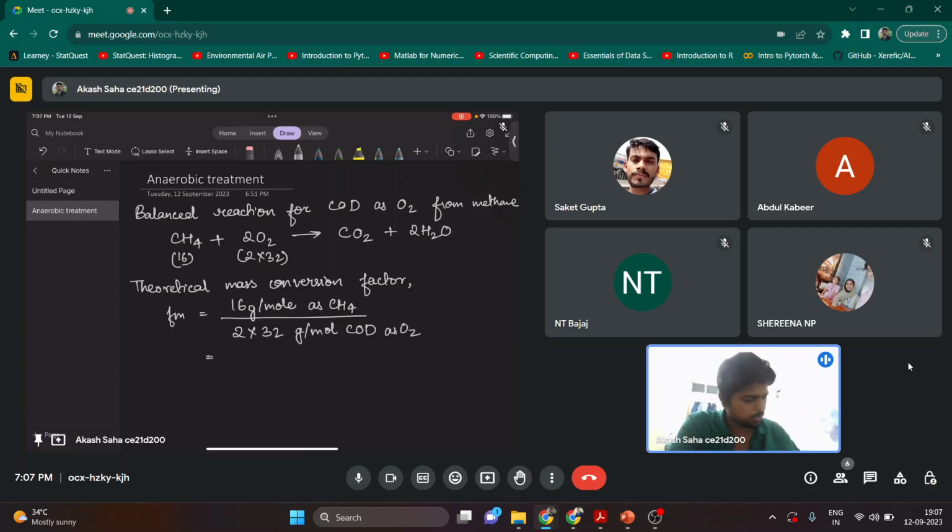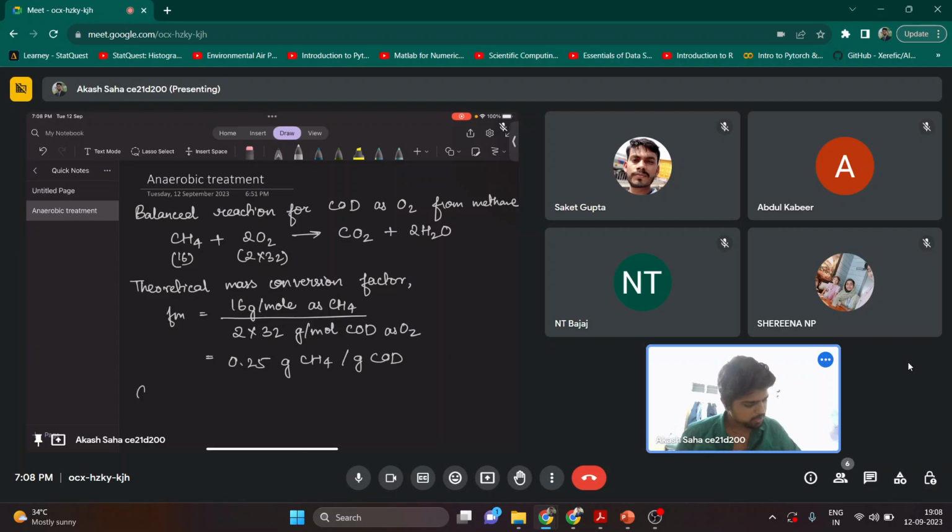So this will be equal to 0.25 grams CH4 per gram of COD. So we are taking COD as O2, so it will be 0.25 gram of CH4 per gram of COD.